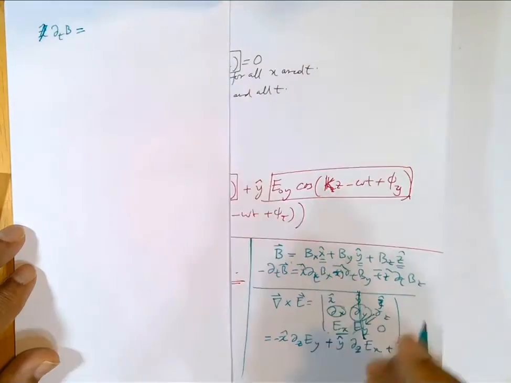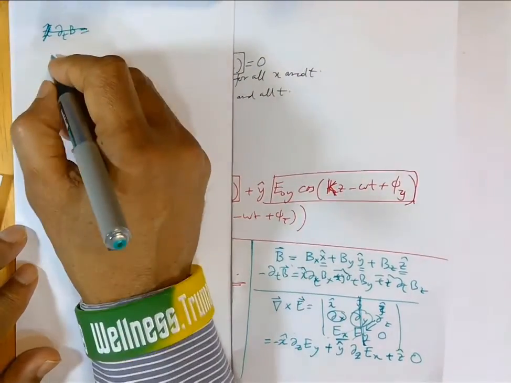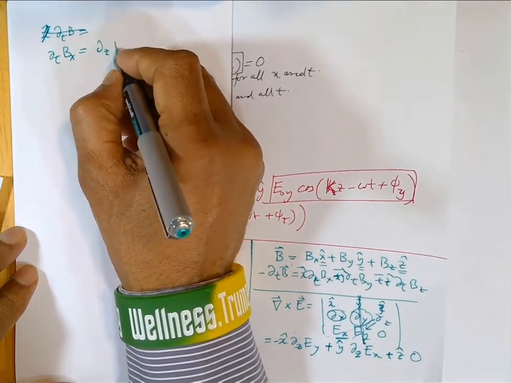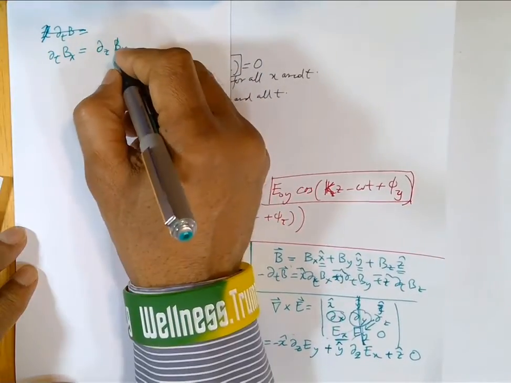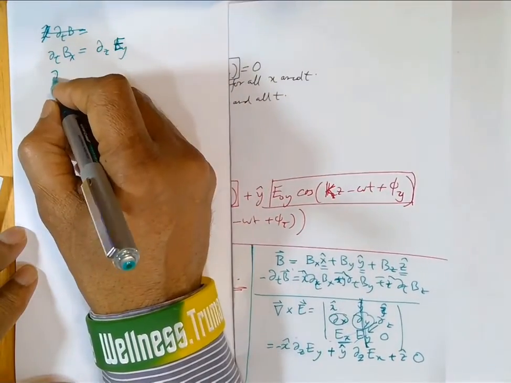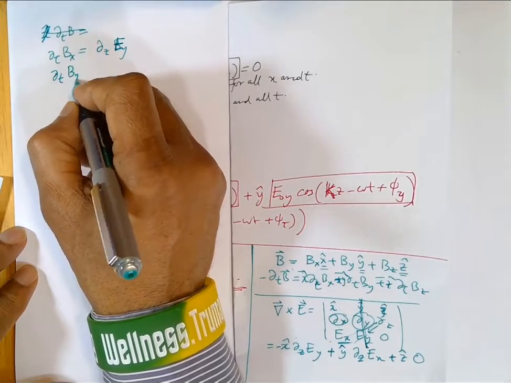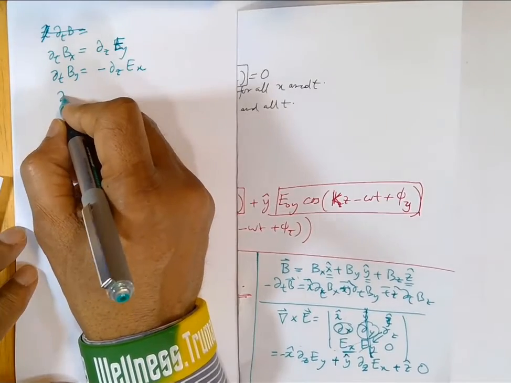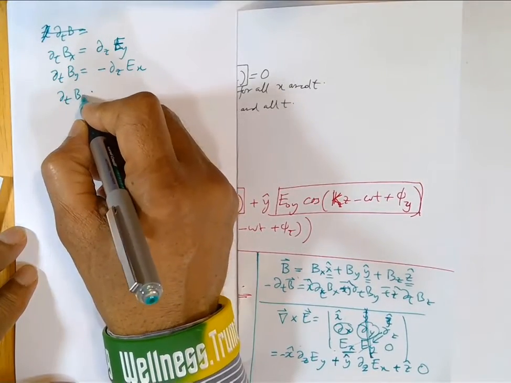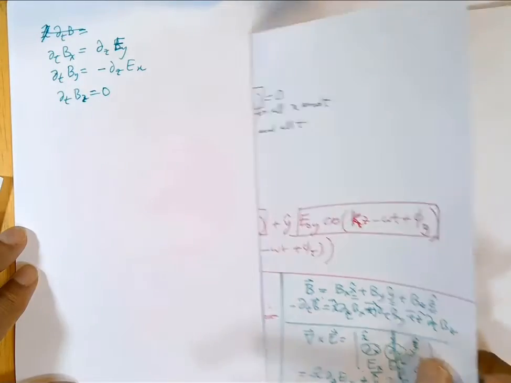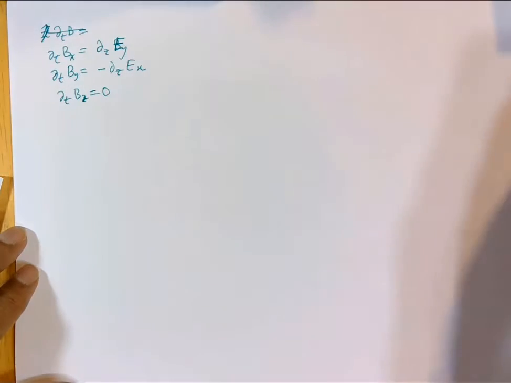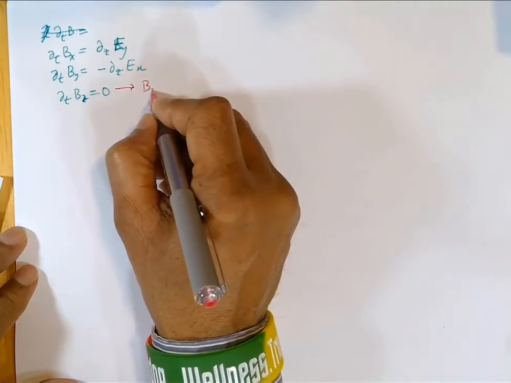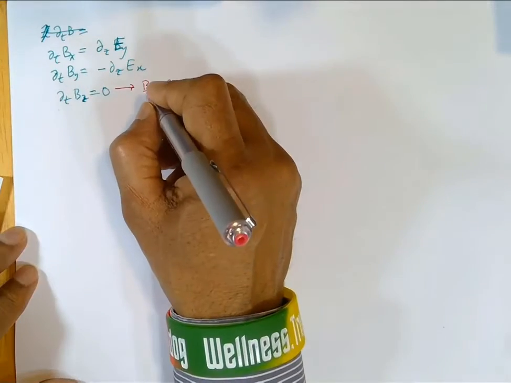So just equating x hat with x hat, dtb sub x is equal to dz by Ey, and dt by equals minus dz Ex, and dt Bz equal to 0. So you can see that you can show that this would mean Bz is 0, okay? Like B0z is 0.